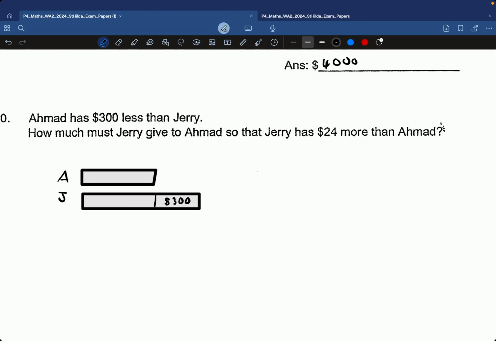Okay. So now how much must Jerry give to Ahmad so that Jerry has $24 more? So since we have $300 over here for Jerry in this case, then we want to make sure that Jerry only has $24 more, right?